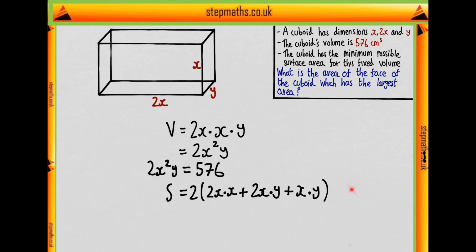So this is our total surface area, because we've got to count each one twice. And 2 times 2 is 4, so we get 4x squared plus 6xy, since 2xy plus xy is 3xy, times 2 is 6xy. So we have these formulae here.